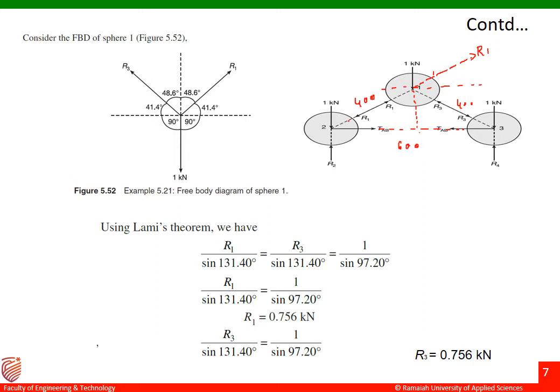This is my R1 here. So what is this angle? We know the adjacent side and the hypotenuse, so we can apply cos theta. Theta equals cos inverse of adjacent, and adjacent is half of 600, that is 300, divided by 400.